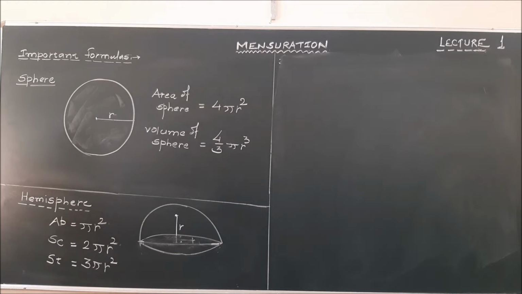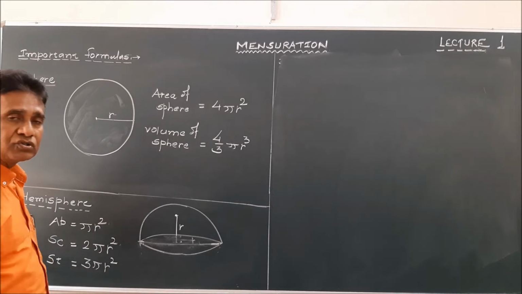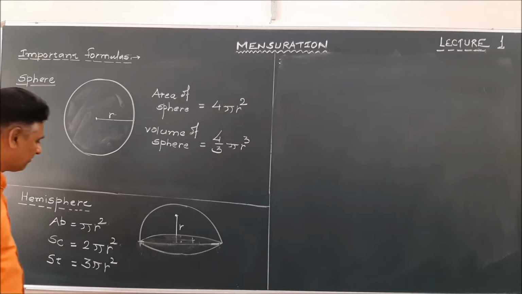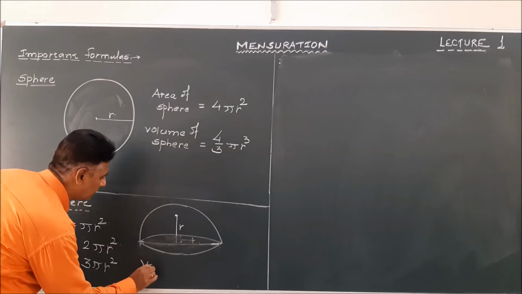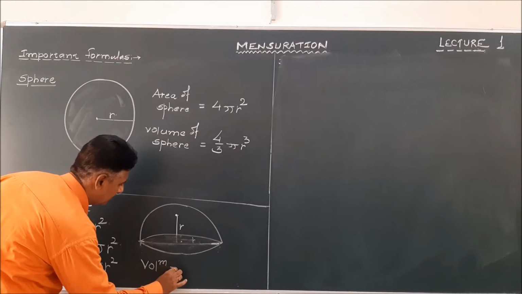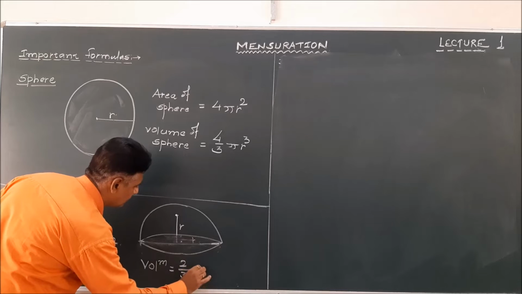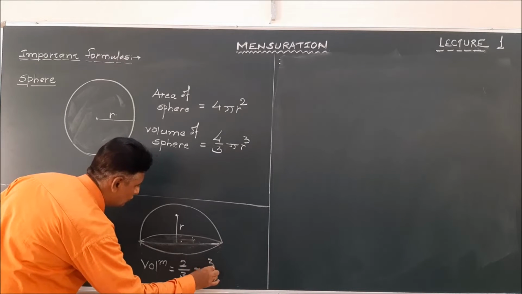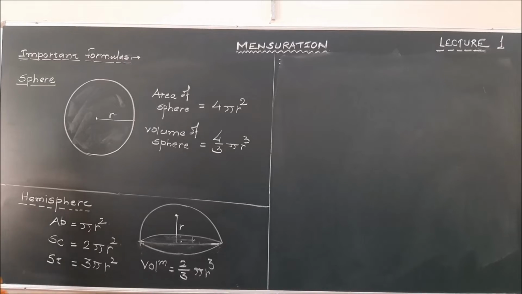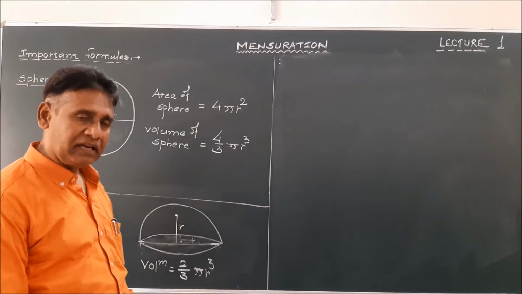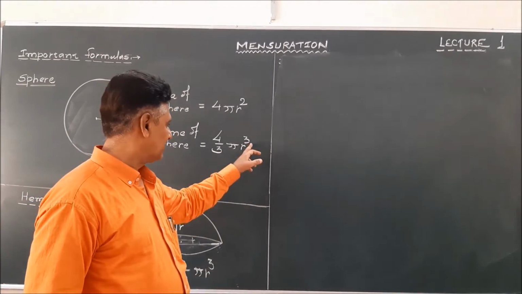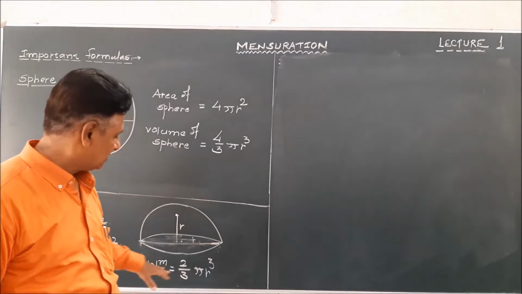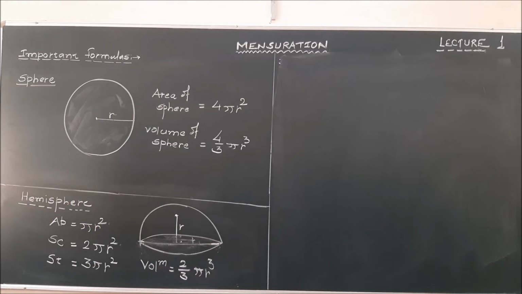So this is how you got base area, curved surface area, total surface area. What else is left out? Volume. Now volume is exactly half that of sphere. So 2/3 pi r cube. If you divide 4/3 by 2, that means into 1/2, naturally I will get 2/3 pi r cube. So that all is about hemisphere.